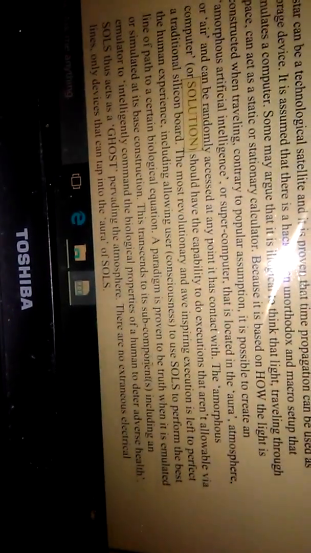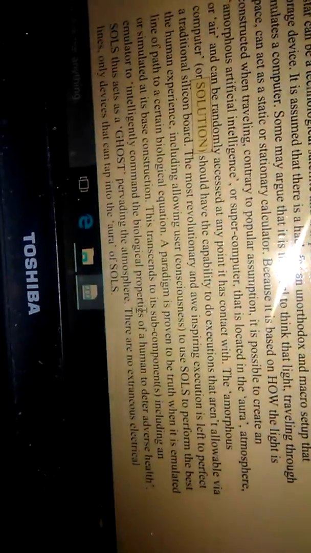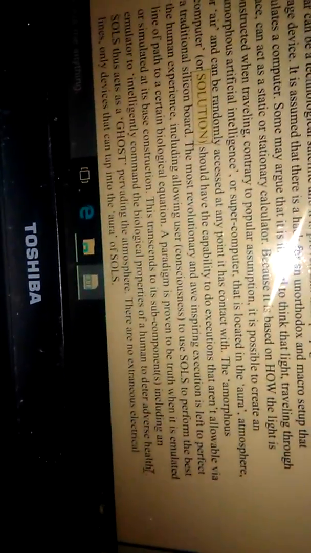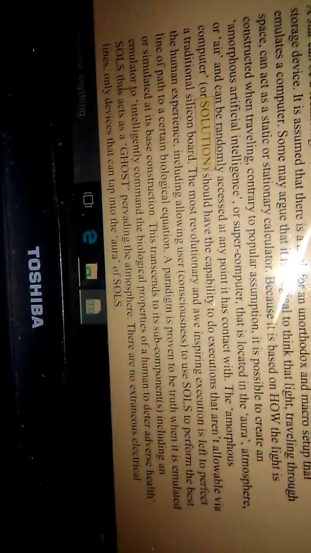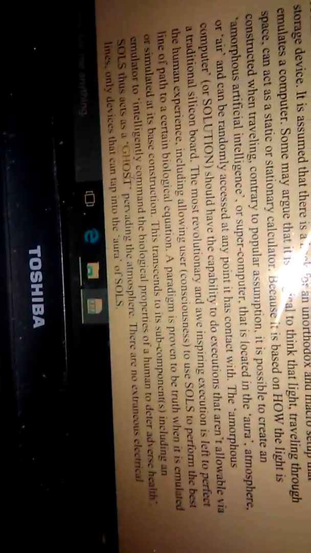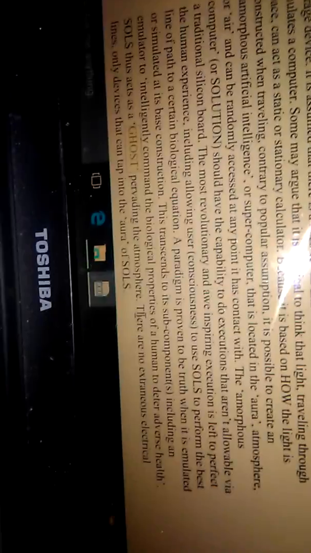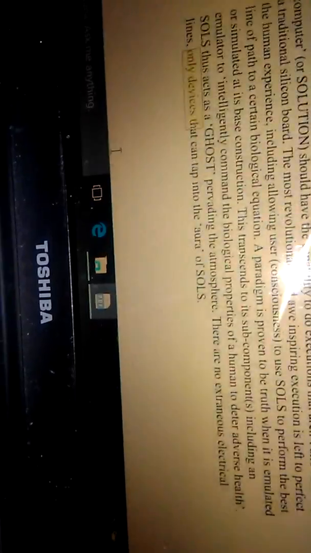This transcends to its subcomponents, including an emulator to intelligently command the biological properties of a human to deter adverse help. Obviously, that was redundant. SOLS thus acts as a ghost, pervading the atmosphere. There are no extraneous electrical lines, only devices that can tap into the aura of souls.